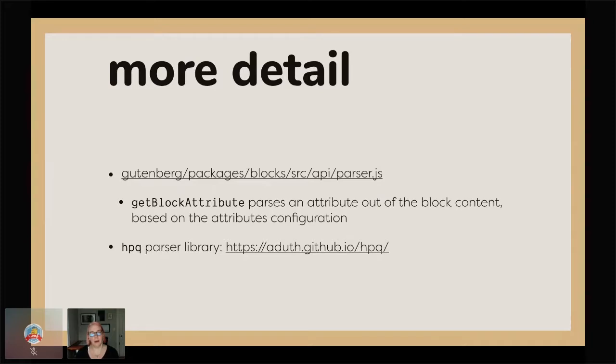And then behind the scenes is the HPQ parser library that actually does the parsing of all of this data. And so there's a fun little explorer where you can add in a bunch of content and some query attributes to see how it actually works.